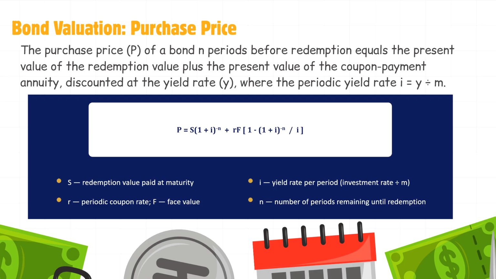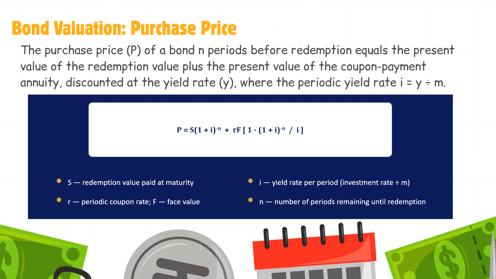Now that we understand what a bond pays out, the natural next question is, what is the stream of payments actually worth today? That's the purchase price. The purchase price of a bond n periods before redemption equals the present value of the redemption value plus the present value of the coupon payment annuity, discounted at yield rate y, where the periodic yield rate I is equal to y divided by m.